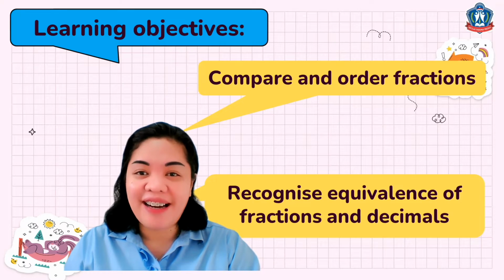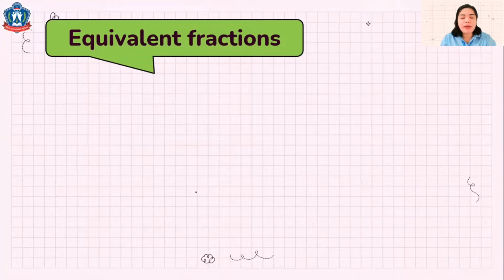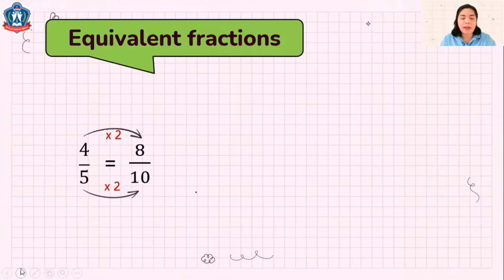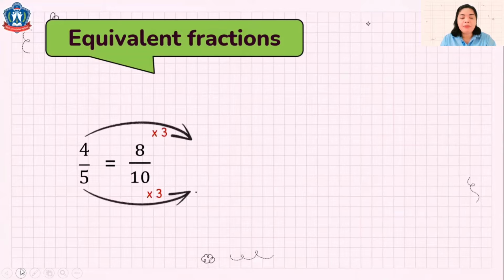Before we start, children, let's review first about equivalent fractions. Again, to get the equivalent fractions, we need to multiply the fraction, both the numerator and the denominator, by the same number. Example, 4/5 times 2 equals 8/10. So they are equivalent fractions. Let's multiply by 3.